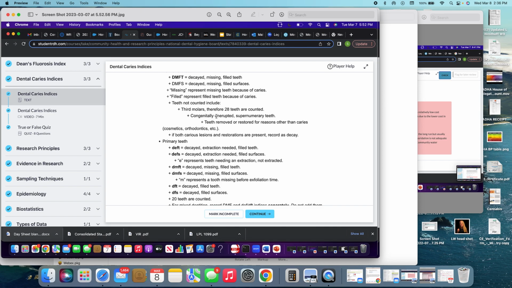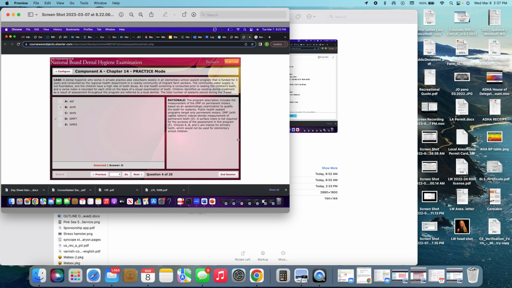One thing I will say that can be frustrating, like I said before, is that you're getting a little mixed information, right? Because here it's saying that choices A, B, and C are indices for primary teeth. I would tend to agree more with Mosby in this scenario when it has to do with uppercase rather than lowercase, because they were talking about just elementary school children altogether.